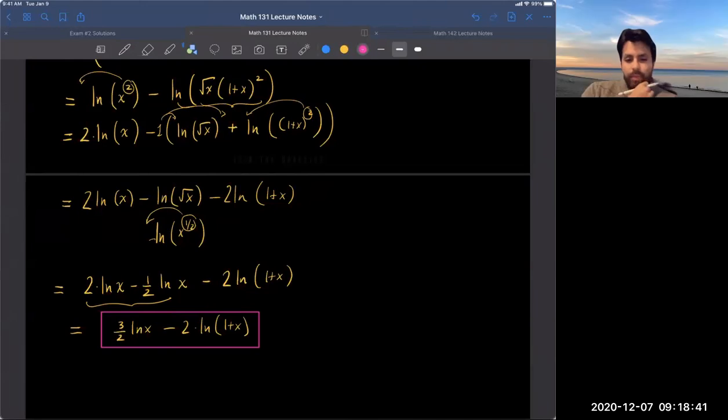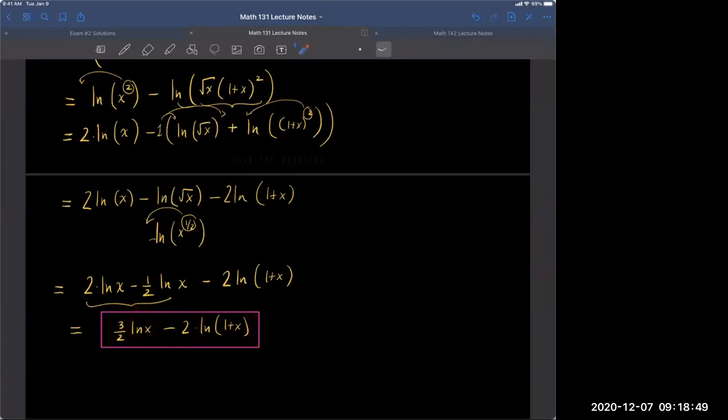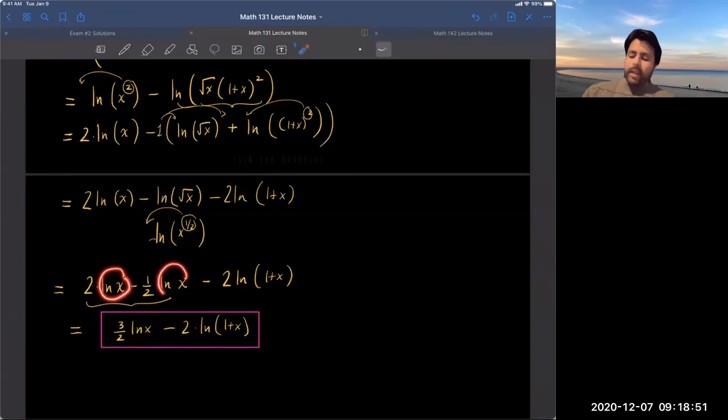No. Why not? Because they're completely different. ln of x is not the same as ln of 1 plus x. Ah, okay. It's like saying, you have 2 apples minus half an apple. How many apples are there? There's 3 halves of an apple left. But this is an orange. It's not an apple. That can't make sense. You can't compare apples and oranges, as they say.